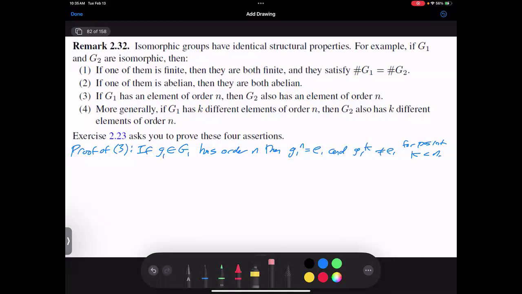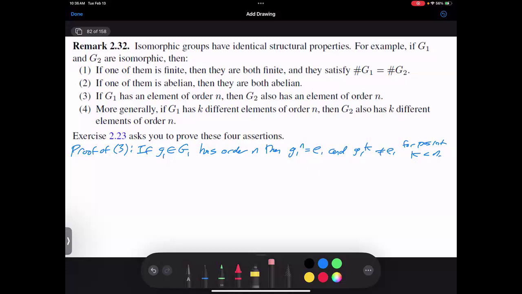The identity, right? It's the only thing possible. I haven't told you what group it is. I haven't told you what the group law is. It's got to be the identity element. So the identity element to any power is going to be the identity. So when I say the element has order n, nothing smaller than n works.